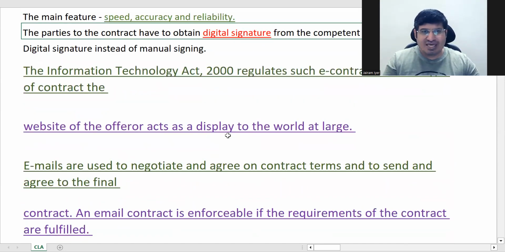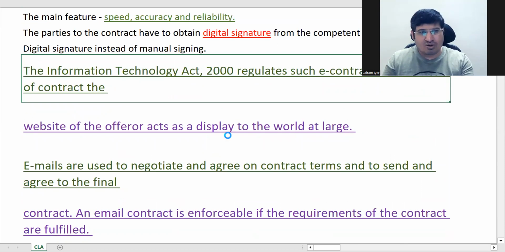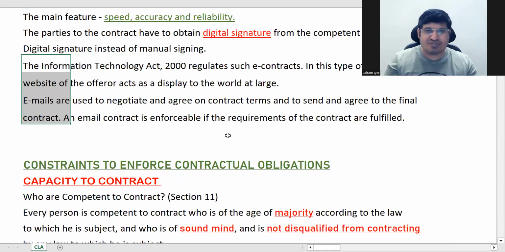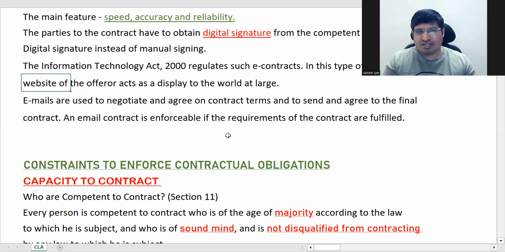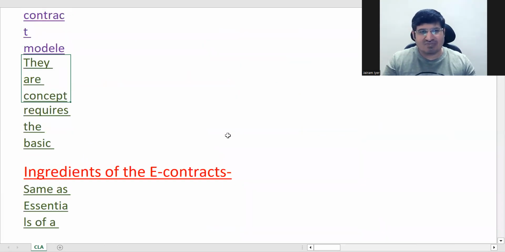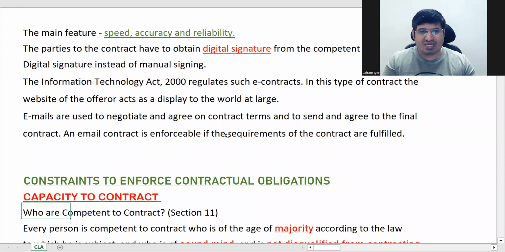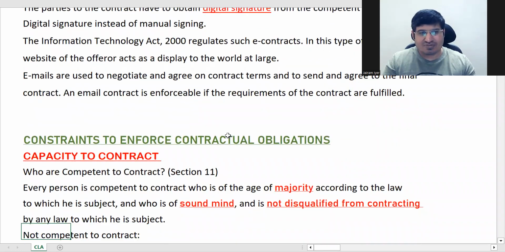So this is about e-contracts. A short note of 4 marks is possible. There's nothing much in it, nothing required from your end. 4 marks.